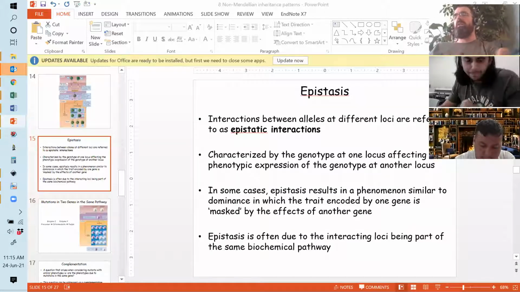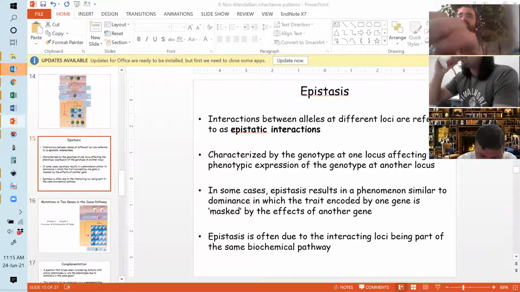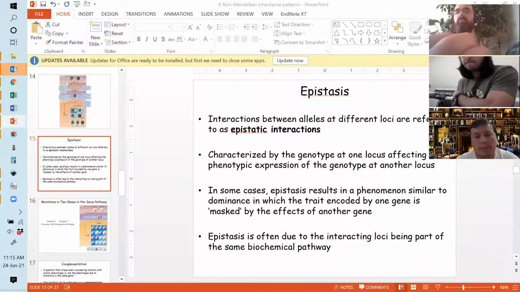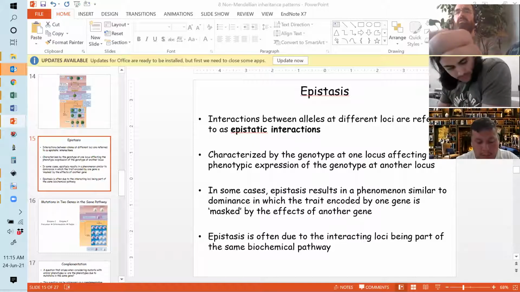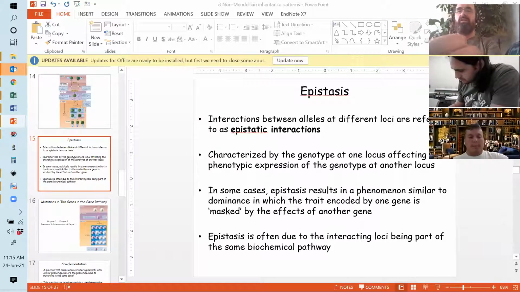So you have two different genes, and essentially what happens is if your cat, sorry, not you, obviously, because you're not a cat, has the white allele, your cat is white.